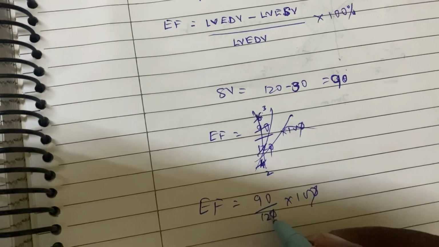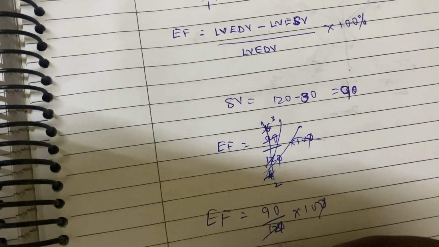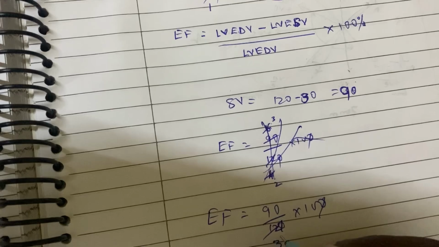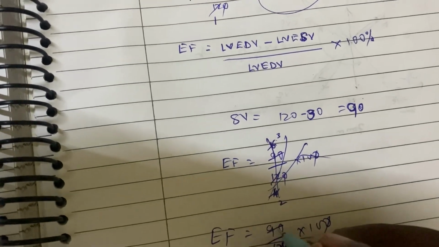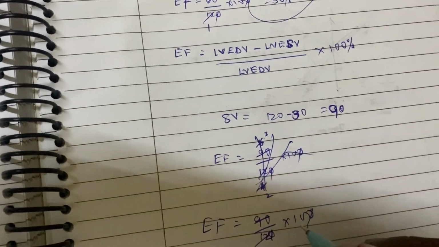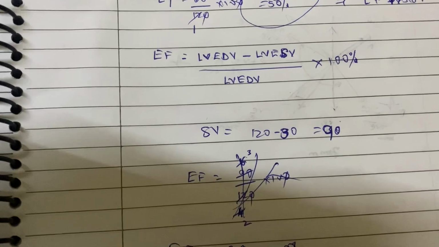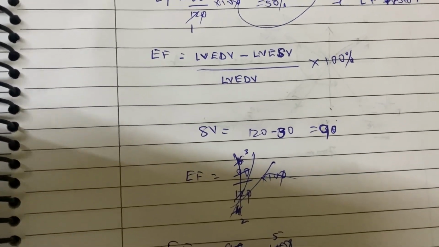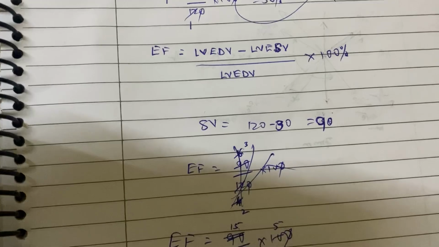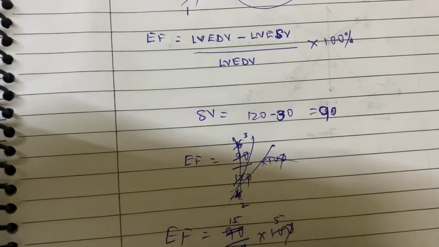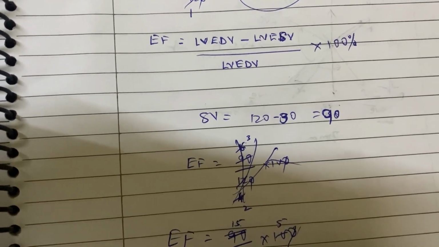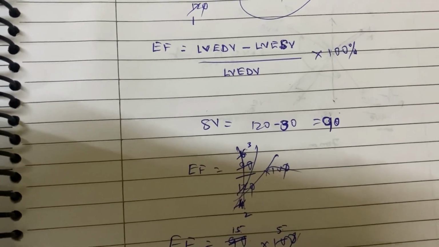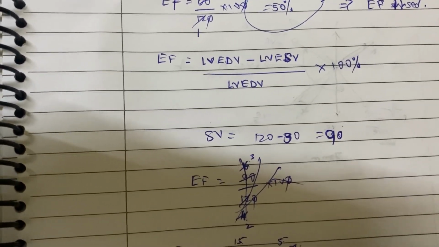Simplifying, dividing by 2 and by 6, we get 15 times 5, that is 75.